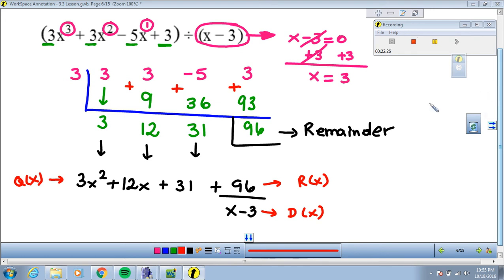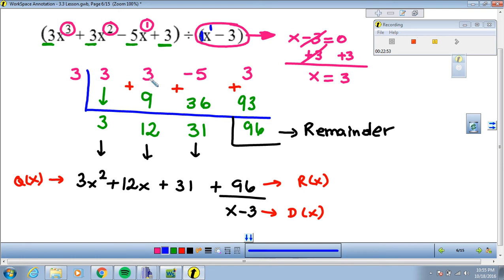The only condition with synthetic division is that the expression that you are dividing by, the small one, there's two conditions. The x needs to have an exponent of 1 on it, like this one has a 1. And at the front of the x, the coefficient should also be a 1.